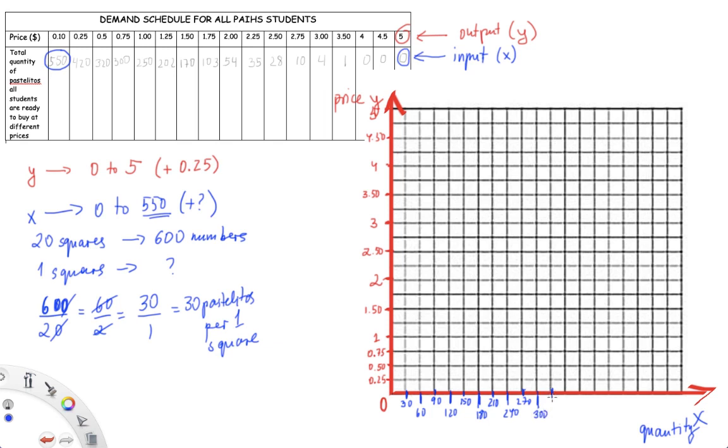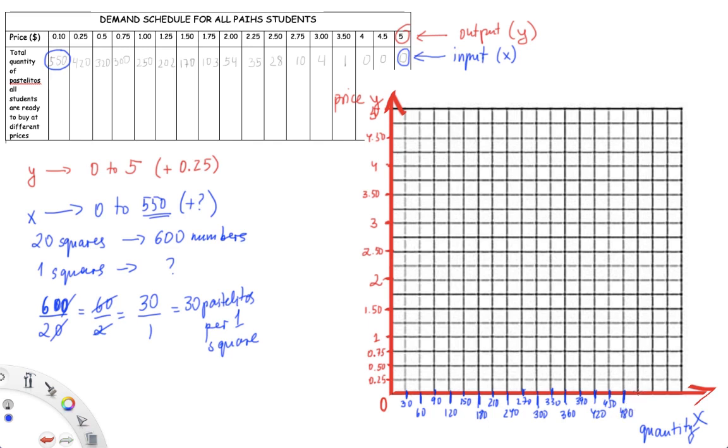We're halfway there. 330, 360, 390, 420, plus 30 will give us 450, plus 30 will give us 480. Oops, this is not very clear.